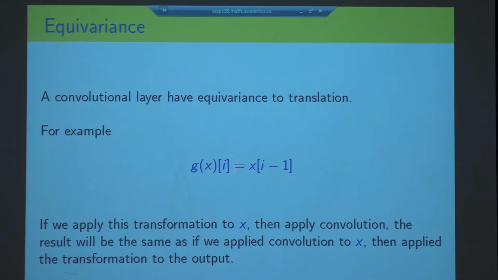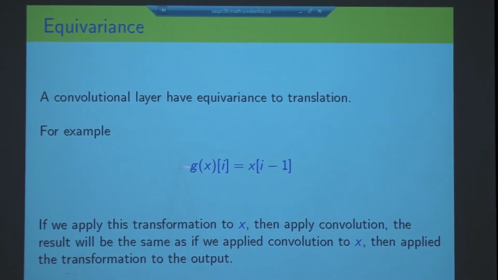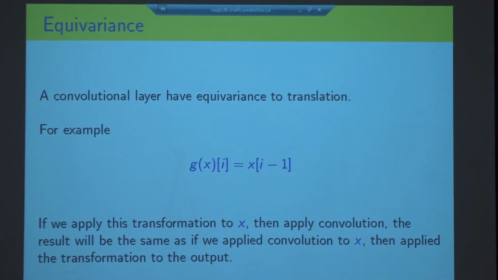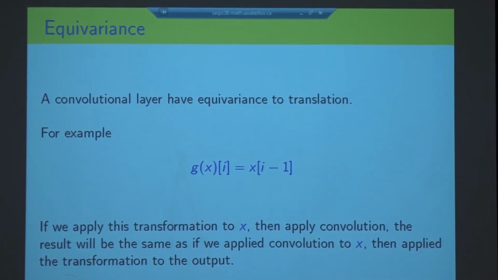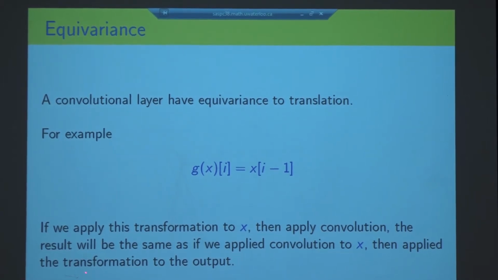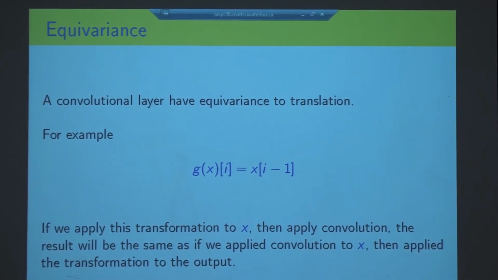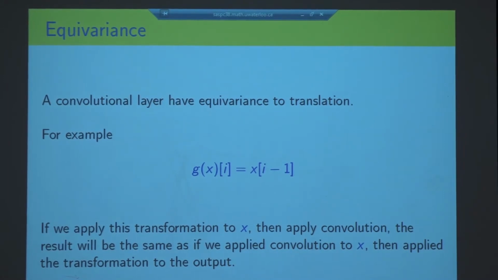So basically, if you shift by a pixel, couple of pixels, and then convolve it, it's the same as convolve it and then shift. This is just for translation. It's not for other transformation. If you do rotation, for example, it's not going to happen. If you do rescaling of the image, it's not going to happen.